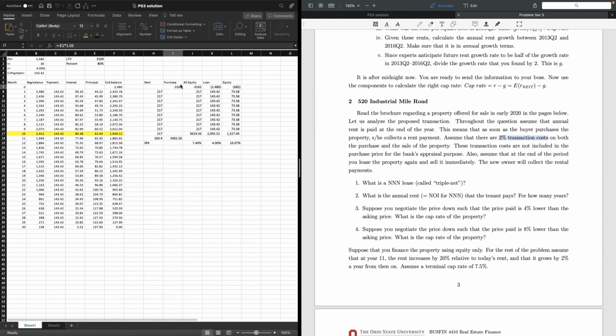Some of you plugged in something like minus 3 million something, but a smaller absolute number than 3.1 million. Because it's a cost, it will increase your investment amount, but will decrease your sale price.